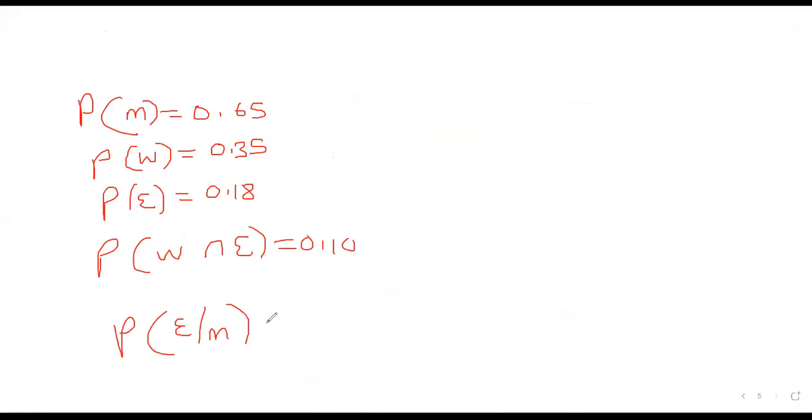So Bayes' theorem, those of you who are in my class, which data goes down? Probability of M. And then on top, probability of E intersection M, correct.